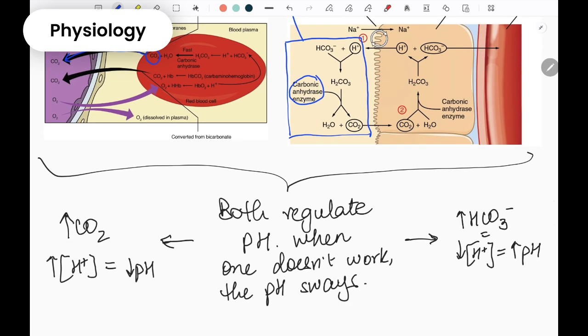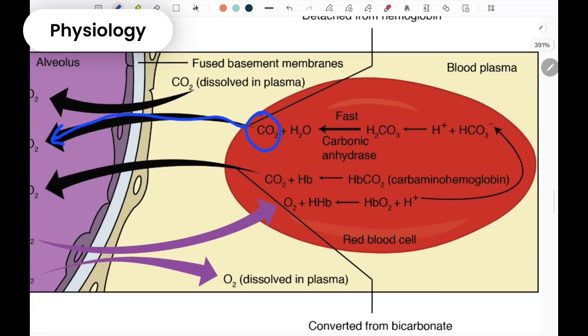Because of this fine balance, if the kidneys aren't doing their part, if the body's not metabolizing these molecules properly, or the lungs are not doing their job, the pH will sway, either go up or down. Now, when the pH goes down, the proton ions go up. So how is this translated in terms of our physiology? Well, let's take CO2.